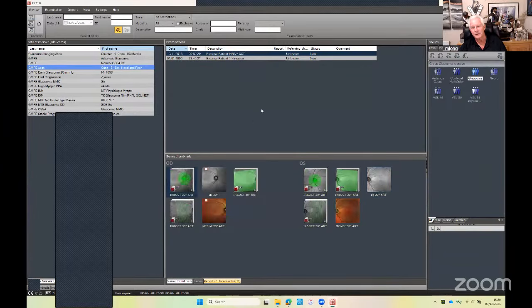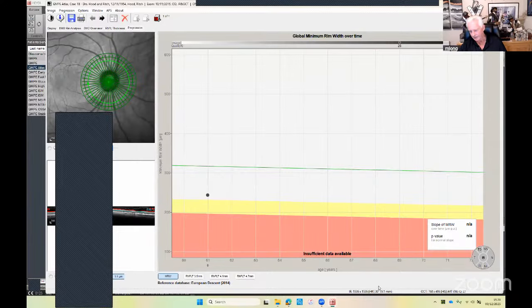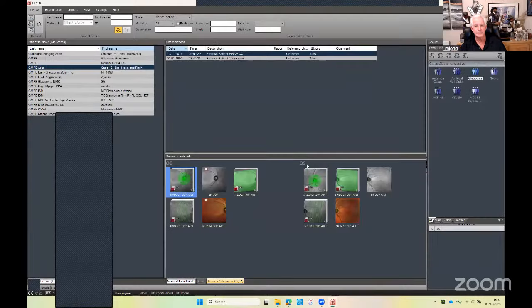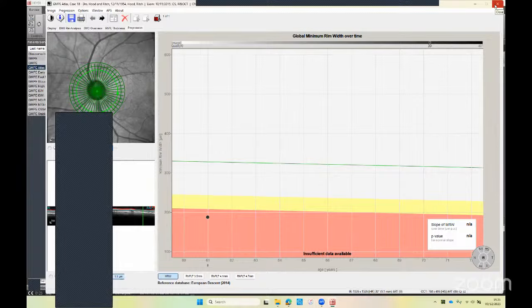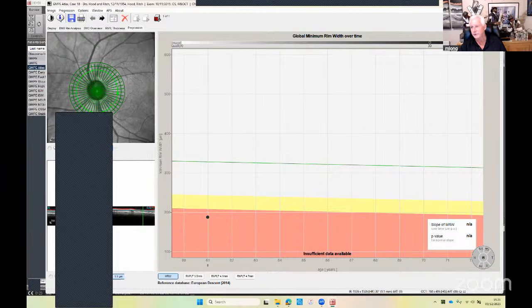Let me go back to my classic one and see what quality we got there, because we didn't look. 27 for that one. So not the highest quality, but okay. Have a look there. 32. So we're getting a little bit better on the left eye there. Basically, if I would see a quality of 20, I would try to rescan the patient and see if I could get a better quality scan.